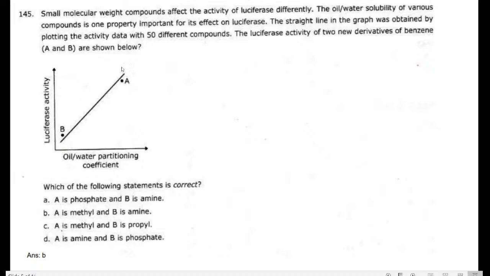A is methyl-added benzene, with a high polarity index, while B has the low index. So by the statement, the non-polar compounds have low luciferase inhibition activity, but the polar compound shows higher inhibition activity.